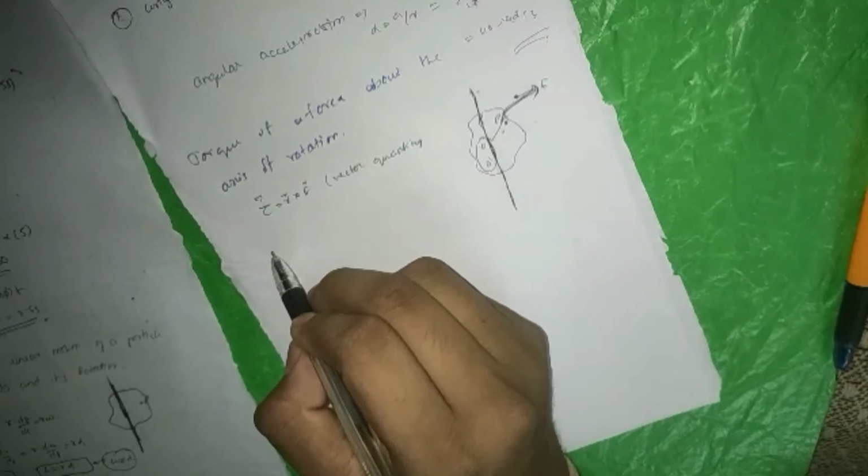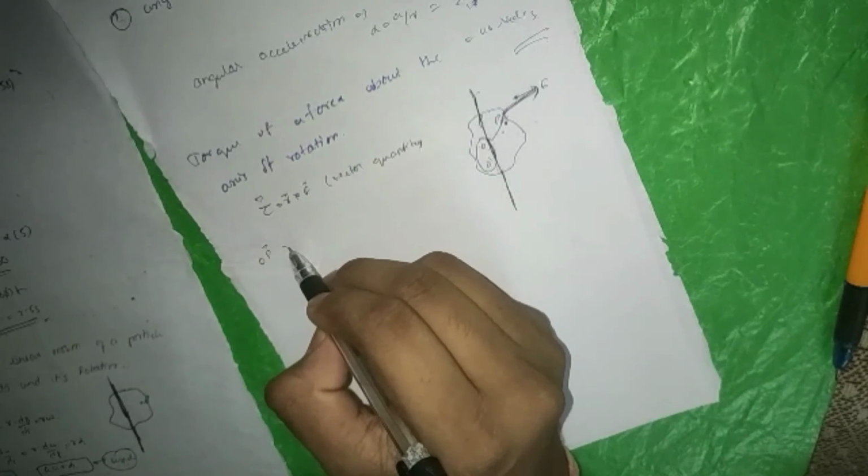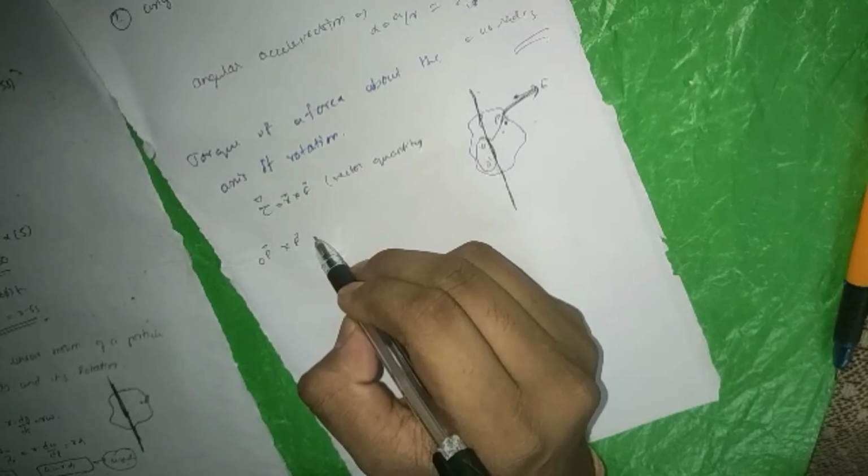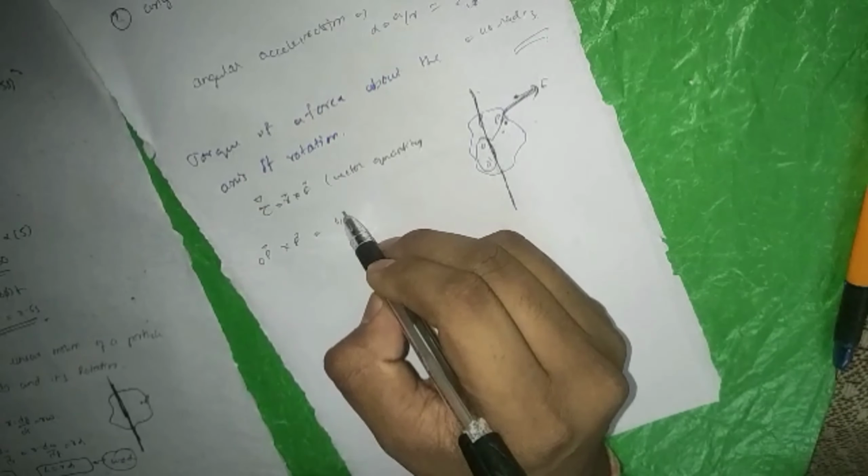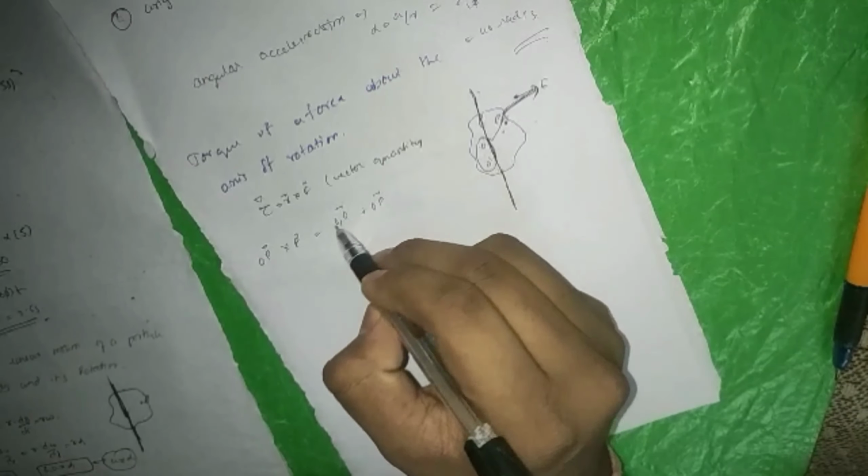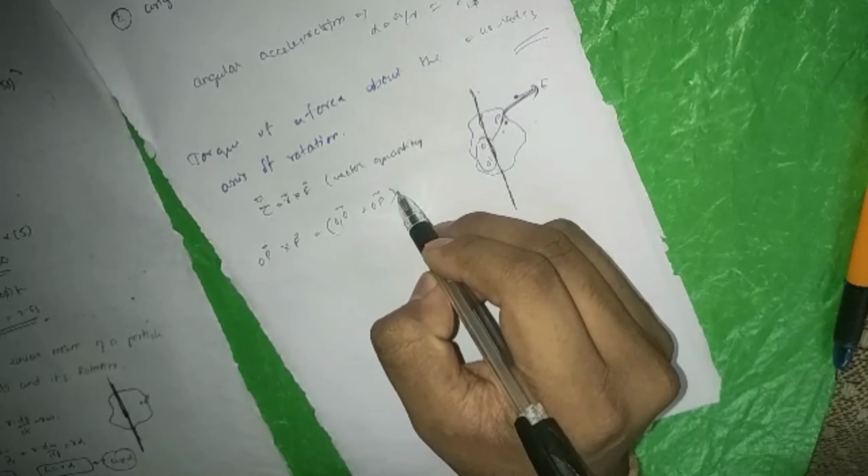So how is it happening? Let's check it out. Then O P bar cross F bar is equal to O1 O dash bar plus O P bar, crossed with F bar, right?